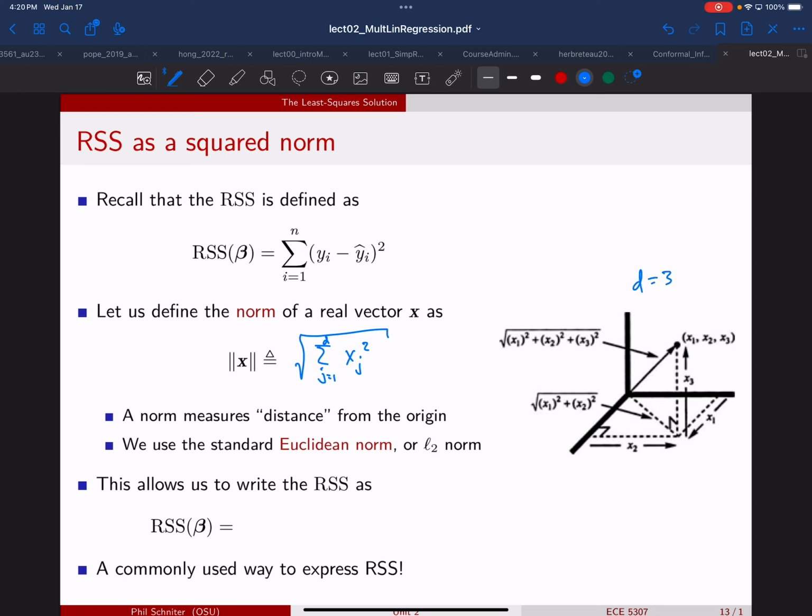And if you would like to know how far that point is from the origin, and you'd like to describe that using the Euclidean norm, you just take the square root of the sum of the squares, and that tells you the length of this line. That's essentially what the norm is. The norm is the distance from the origin, or you could say the length of the vector. There are different norms. For now, we're just going to use this Euclidean norm or L2 norm. We'll get into different norms later. This is the standard norm people use for finite dimensional vectors like this.